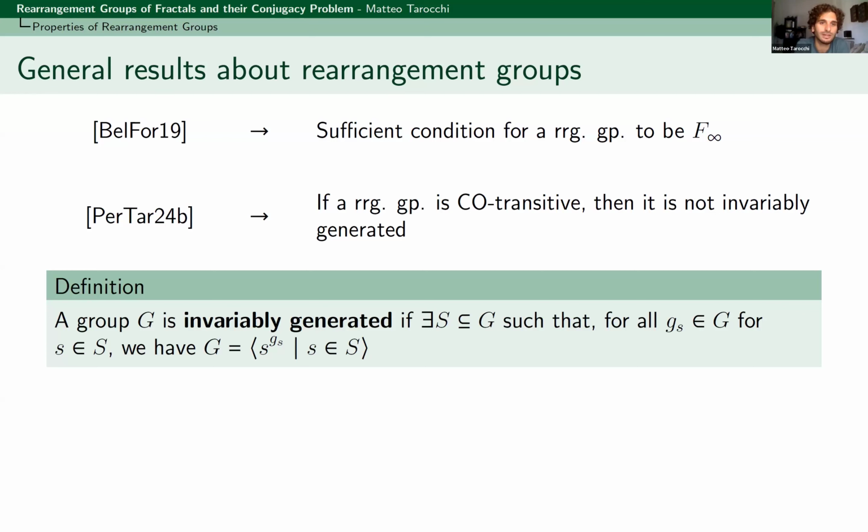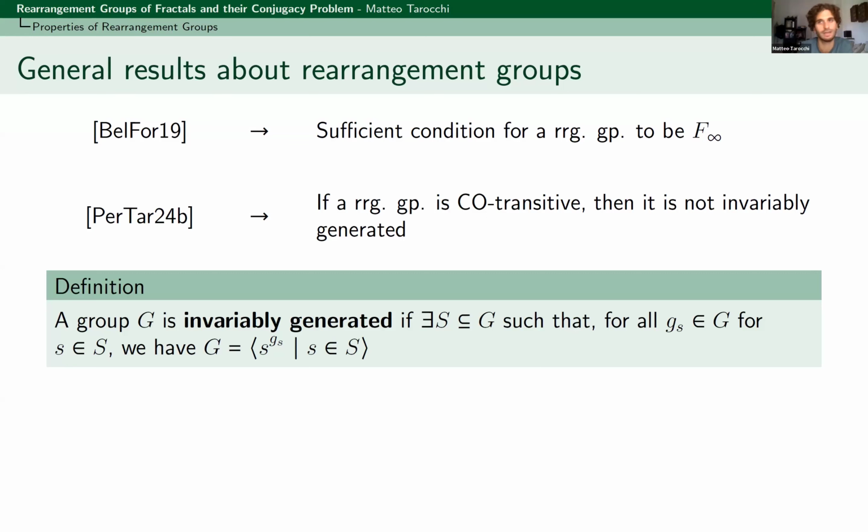What being invariably generated means is this definition. A group is invariably generated if it has a generating set such that if you modify each of the elements by simple conjugation, so if you conjugate each of the elements, you still end up with a generating set. Now, it may appear that this is a very strong condition, but in truth, many groups have this property.